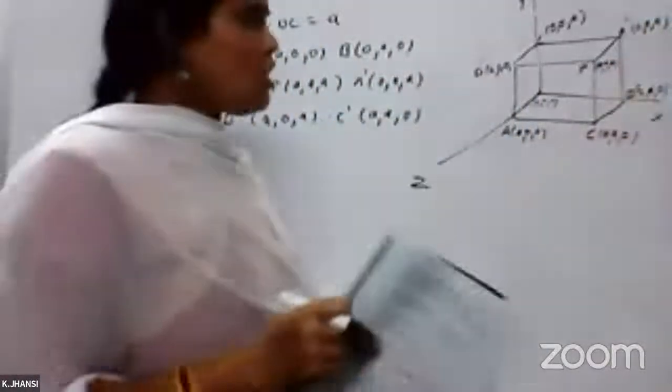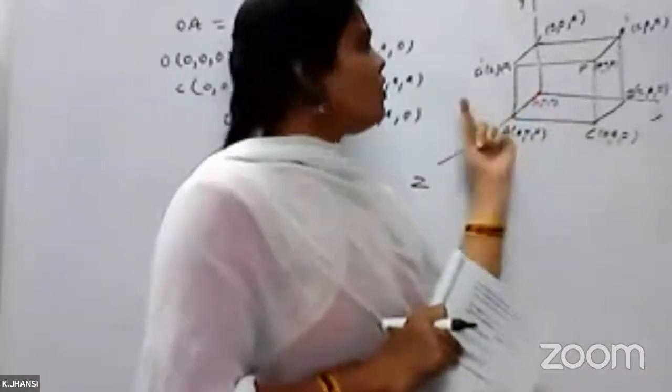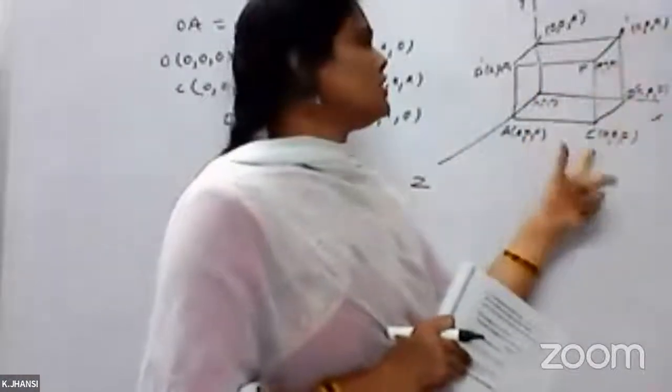Okay. So these are the coordinates of each and every point we have here. So 1, 2, 3, 4, 5, 6.